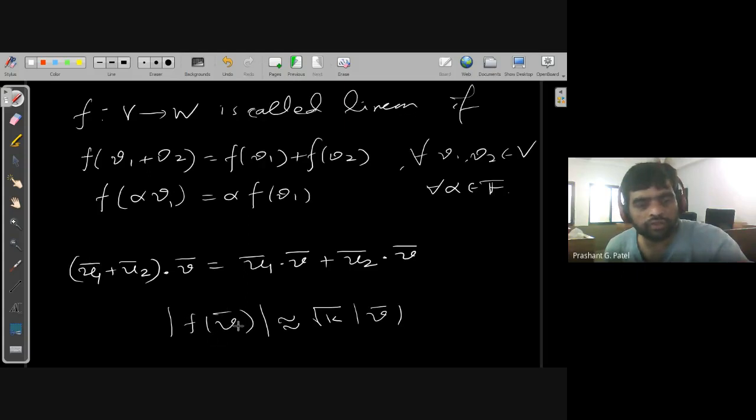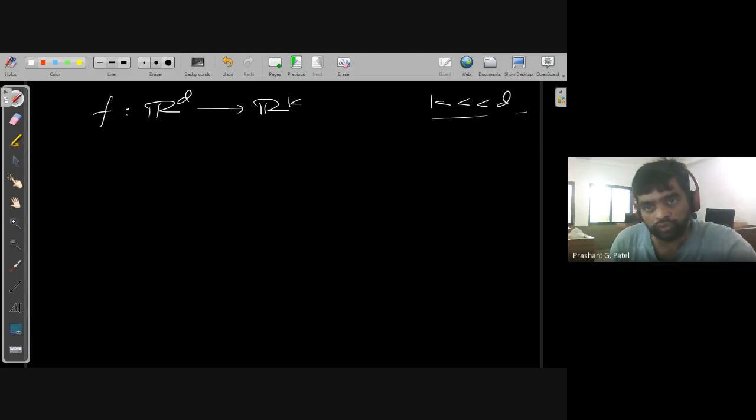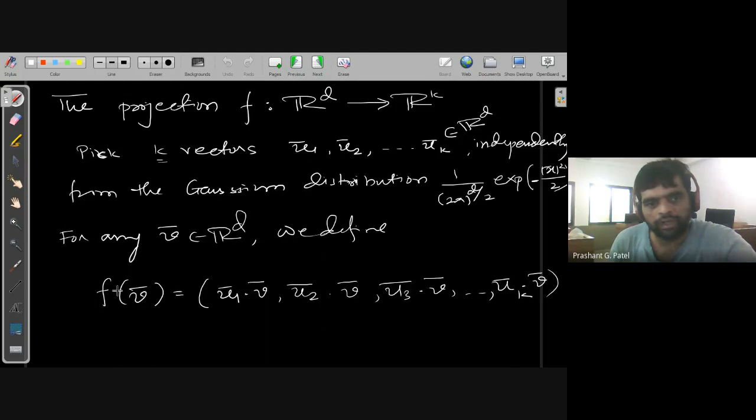Whatever the distance you found in this R^D space, you have f, which is a map from R^D to R^K, where D is very large and K is very, very small. So this is a notation for K and D. Compared to D, the K is very small. And this is a projection map. Projection map is already defined here.